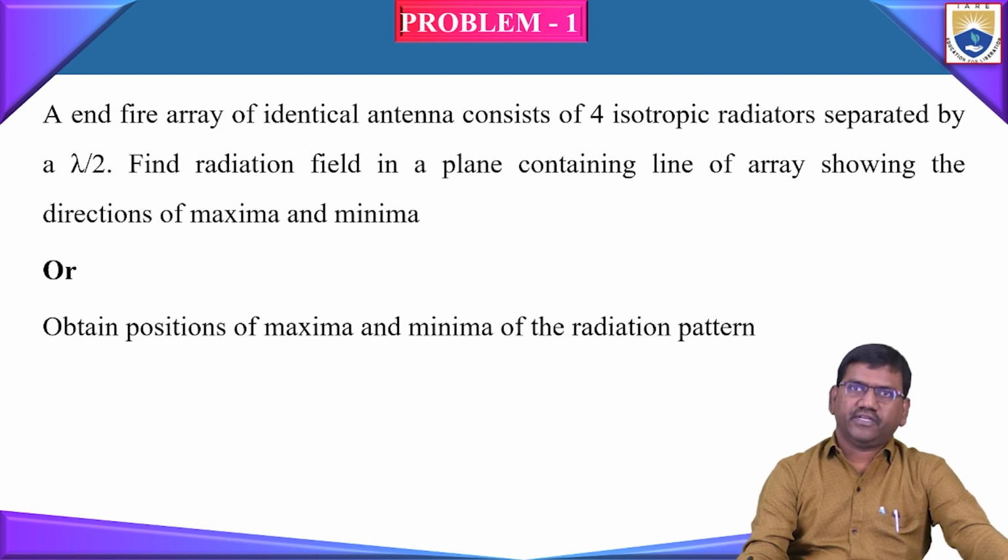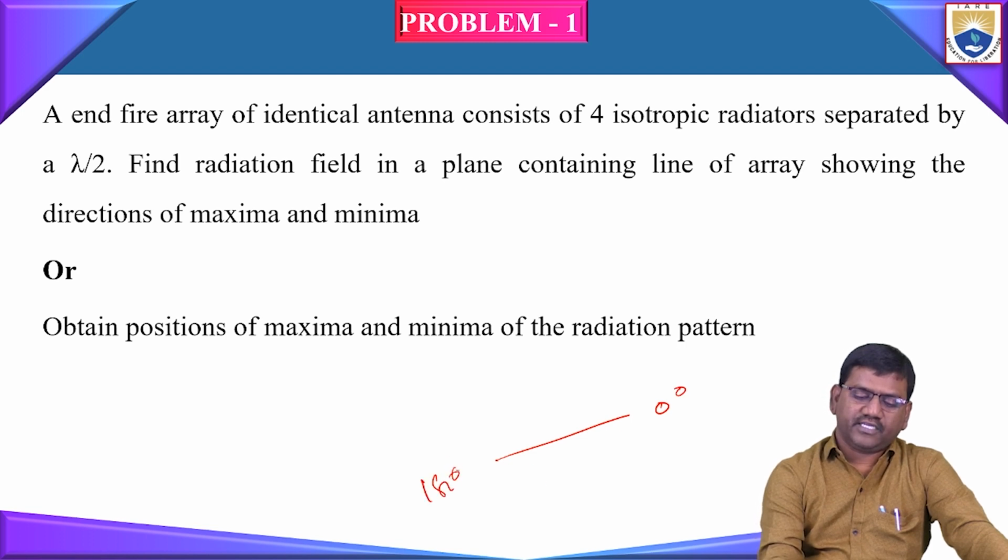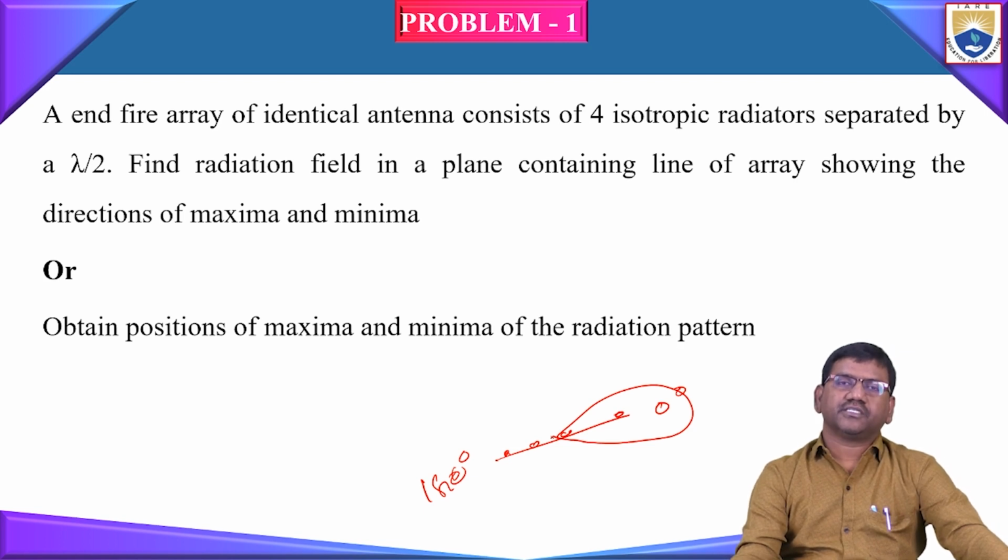We know that an end-fire array is one where the radiation pattern will be along the axis. It will be along 0 degrees or along 180 degrees. If there are 4 elements here, the radiation pattern will be along the axis. But in a broadside array, the radiation pattern will be maximum perpendicular to the axis of the array.